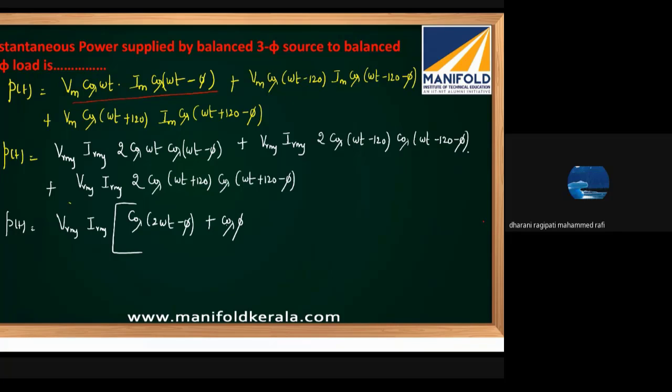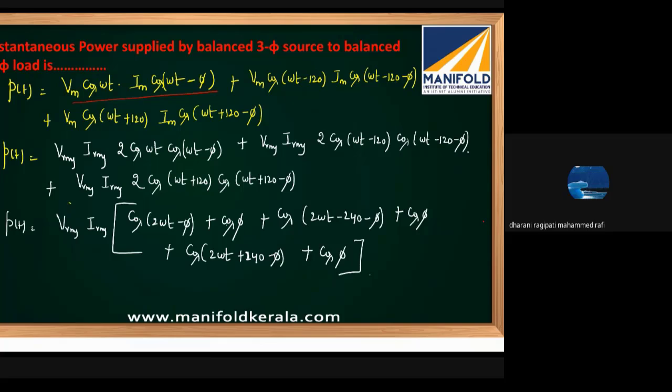In the second term, if I do the same thing, I'm going to get plus cos 2 omega t minus 240 minus phi plus cos phi. The third term, I'm going to get cos 2 omega t plus 240 minus phi plus cos phi.